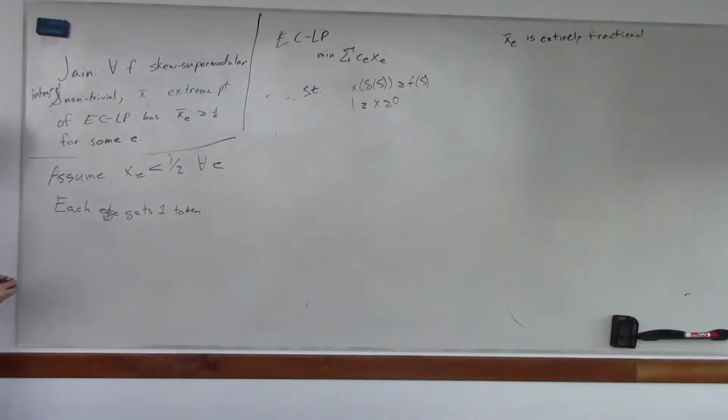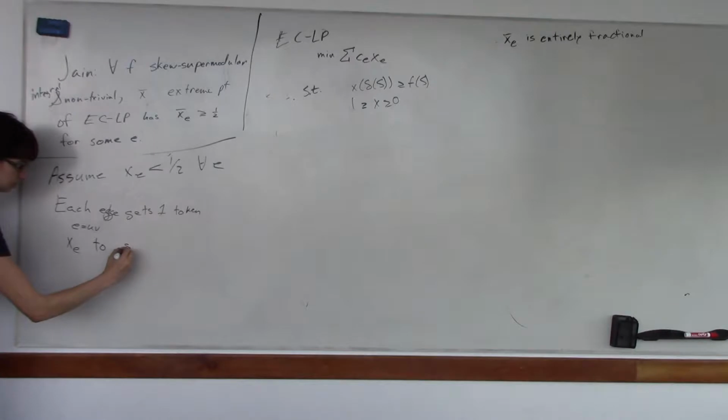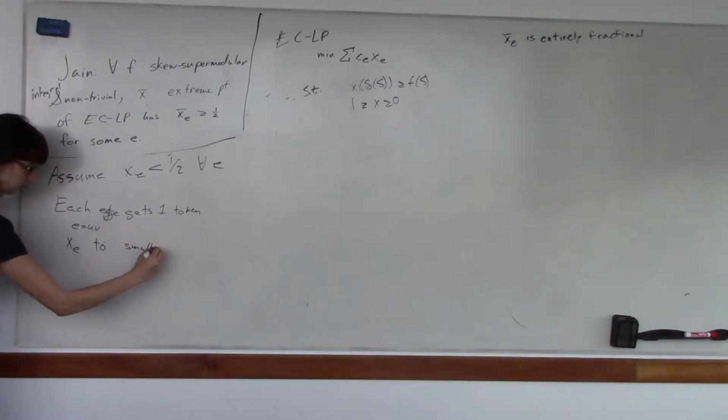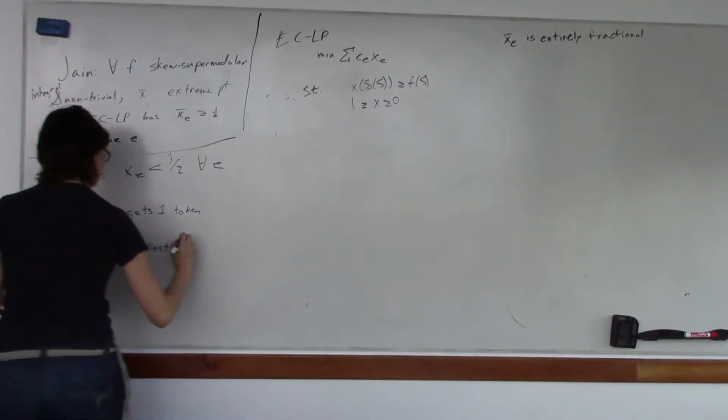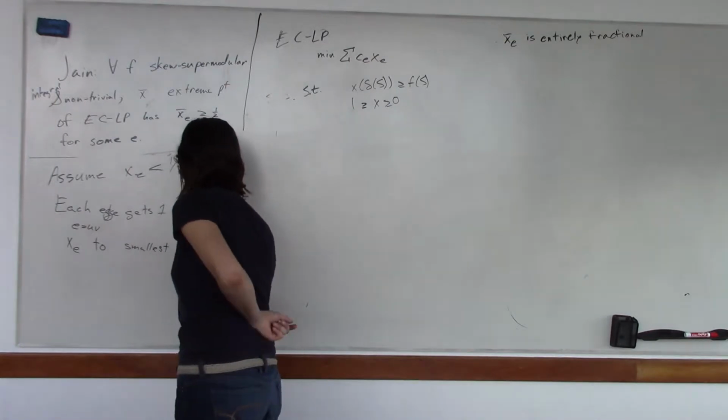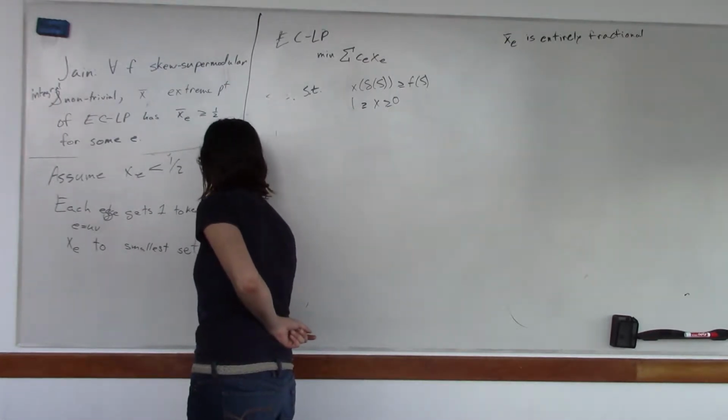I'm going to say e is uv. We're going to give x_e to the smallest set containing u.